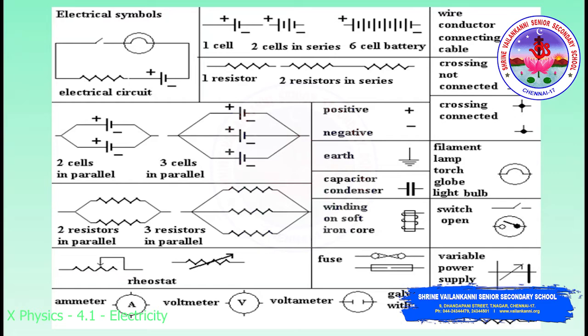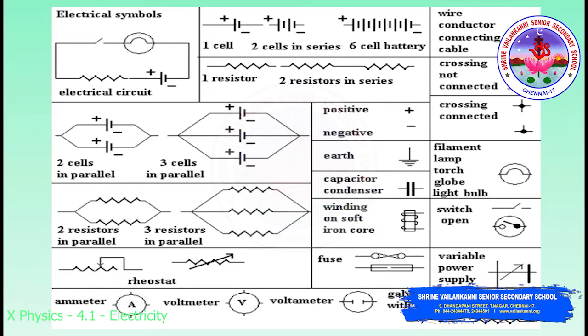Wire conductor, connecting cable and one resistor, resistors in series, crossing not connected. If the wire is not connected, you have to draw it as not connected. For crossing that is connected, where there is a connection, you must draw like that. Positive and negative symbols you know very well.